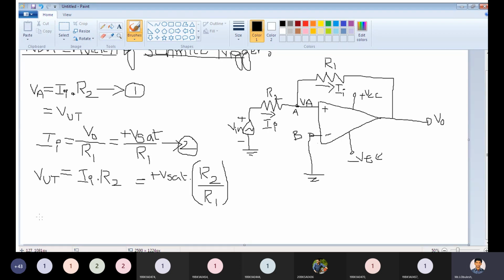Okay, then you need to find out the lower threshold voltage V_LT. V_LT is equal to minus V saturation into R2 by R1.